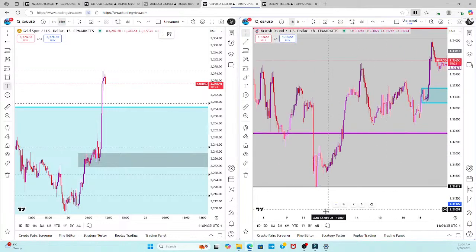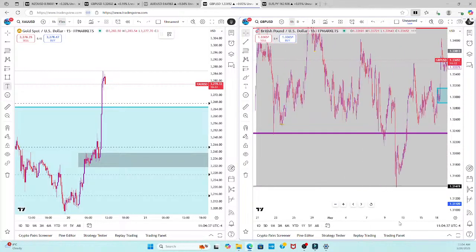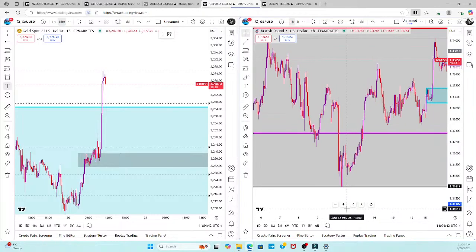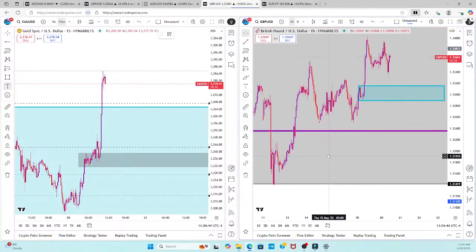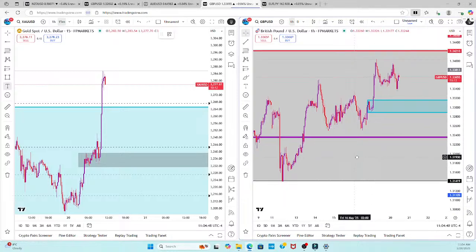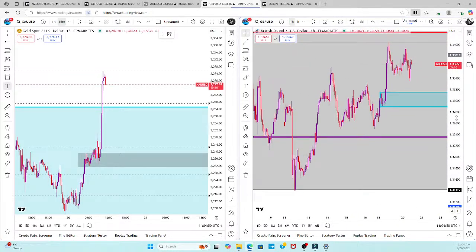Okay, so this is the 1 hour time frame for GBP. Let's see what is happening on this 1 hour time frame. It could be some quick trade opportunity that we could take here.